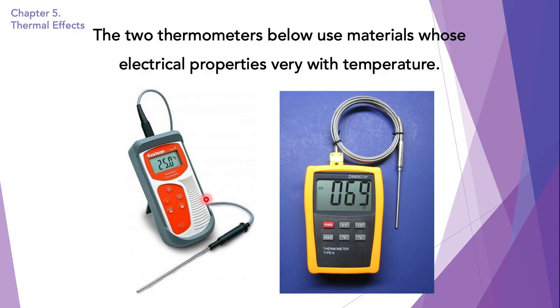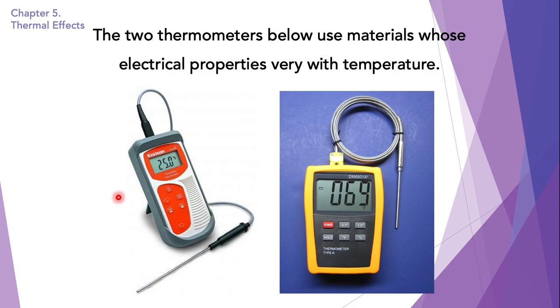All thermometers agree at the fixed points, which are 0 degrees centigrade and 100 degrees centigrade. So all thermometers agree at these fixed points. However, at other temperatures, they may not agree exactly because their chosen properties may not vary with temperature in quite the same way.